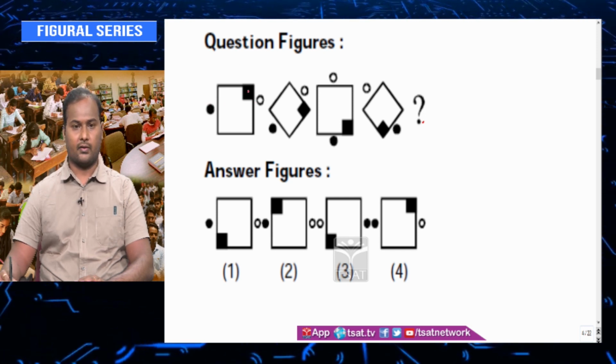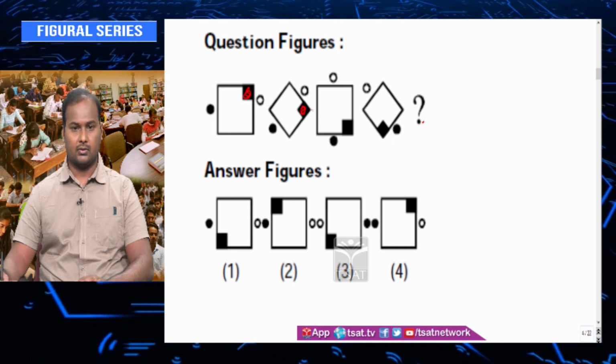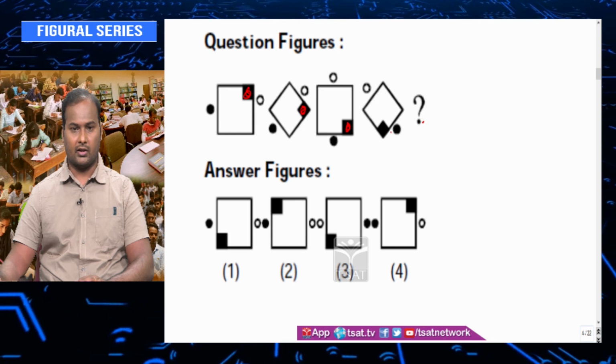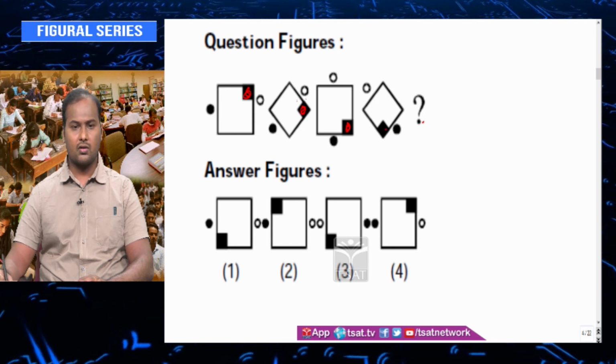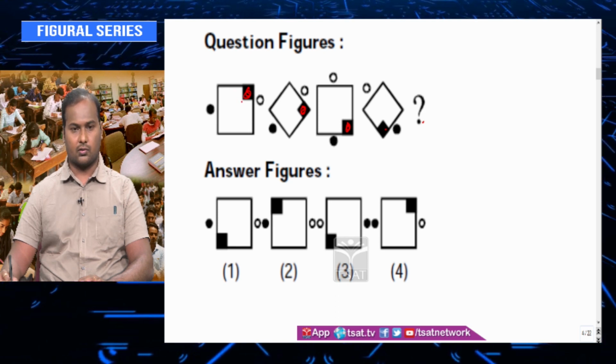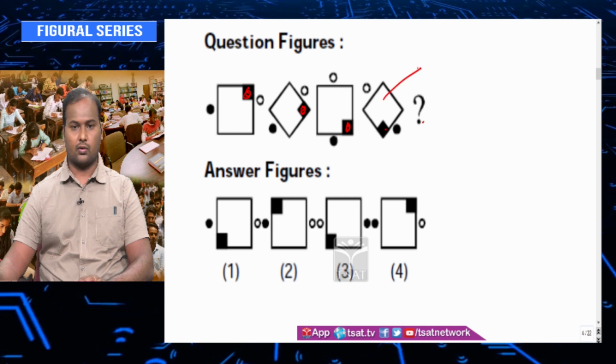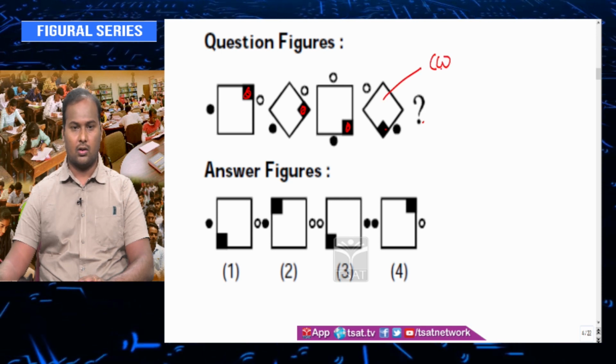You see this inner figure, here is the point, again here is the point, again here, and again it comes to the bottom. So how is it rotating? Here also the figure is rotating. How is this figure rotating? We can clearly say from this point that this particular figure is rotating clockwise.